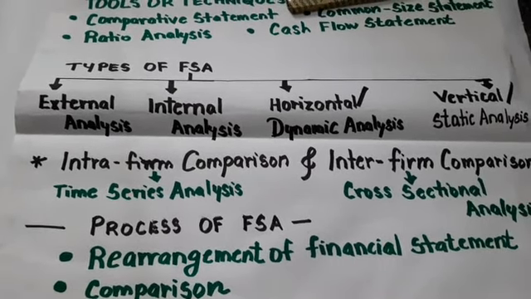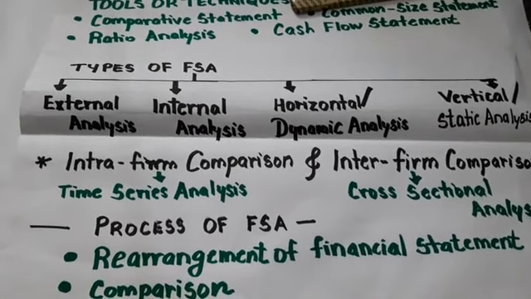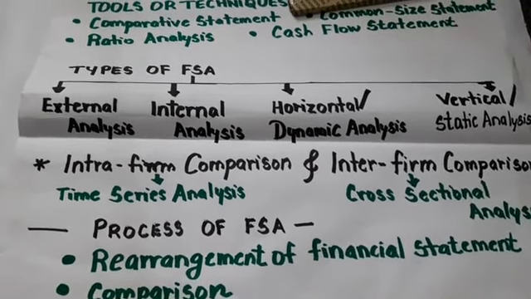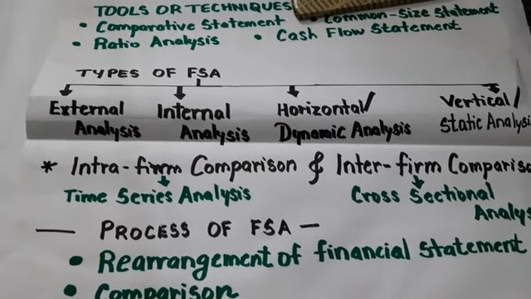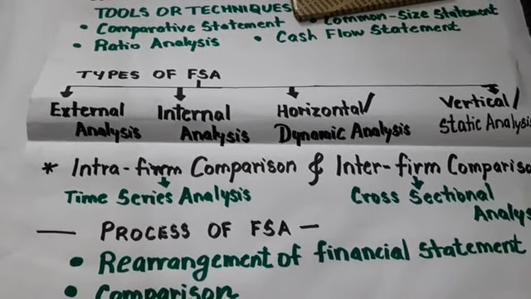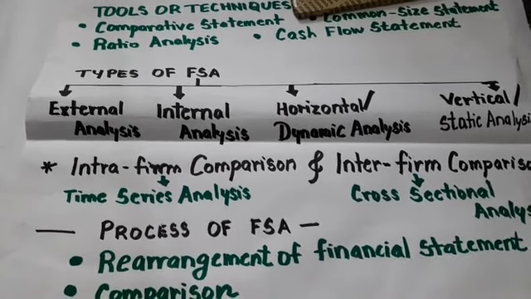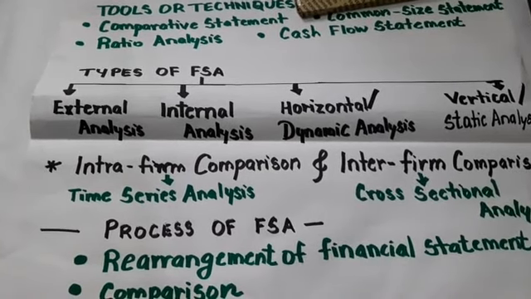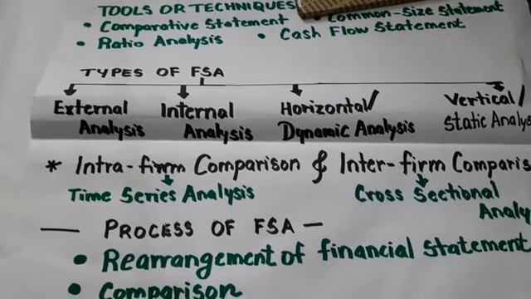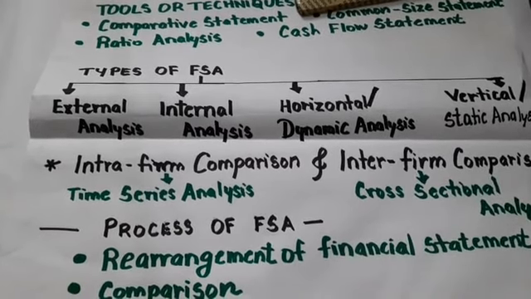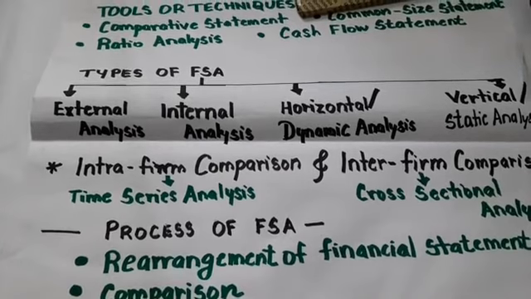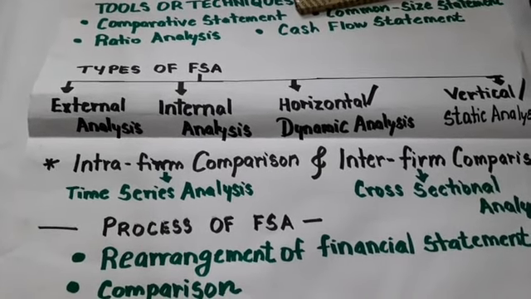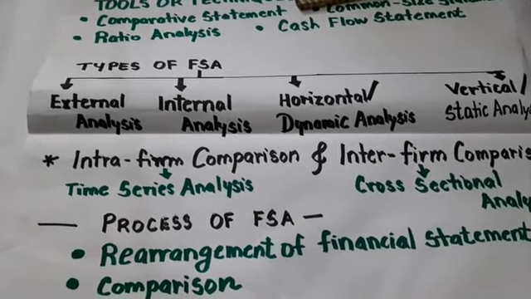Examples are creditors, bankers, government, investors. They are interested in the financial statement to know about the creditworthiness and the future position of the company. But they don't have a direct access to the information of financial statement of a company. They depend for this information on the published data.